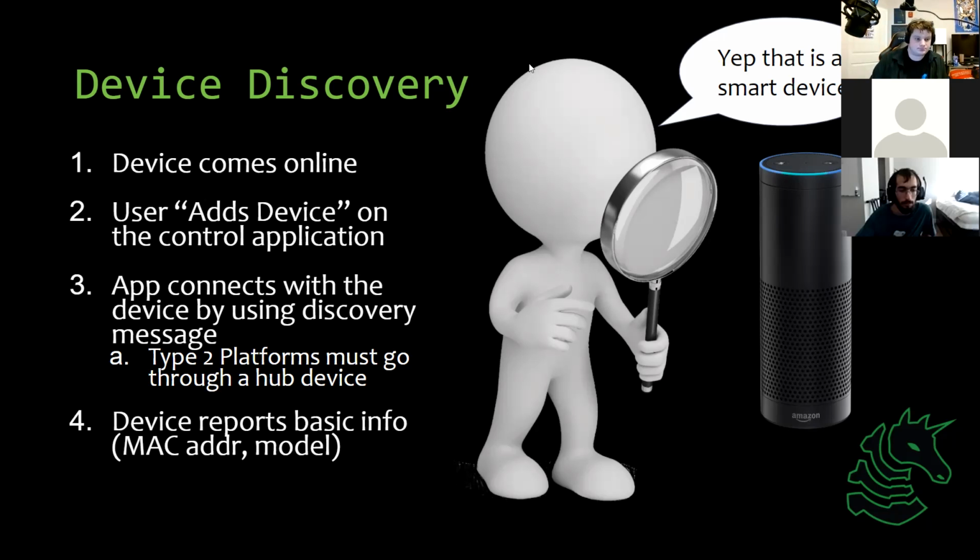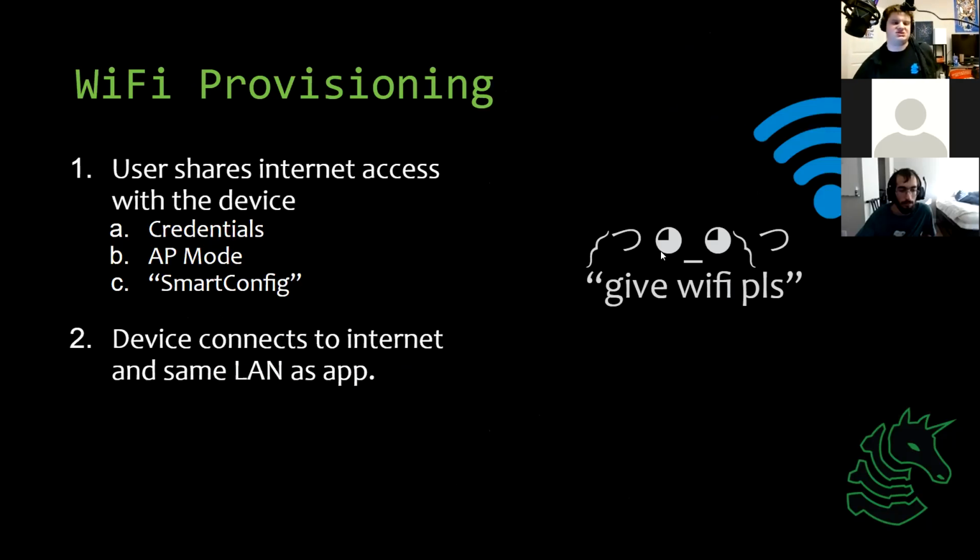All right. So step 2 is Wi-Fi provisioning. Basically, you're just going to share internet access with the device. Sometimes this means doing something as vulnerable as sharing the credentials in plain text. It could also mean you set the device temporarily to access point mode, so it can set up its own connection, or something called smart config, which I'm really not sure what that is, but they talked it up in the paper.